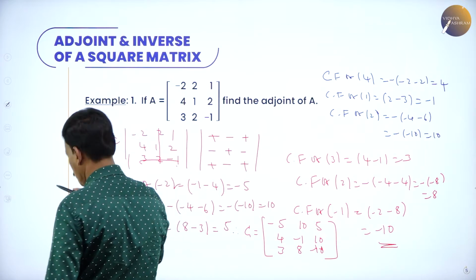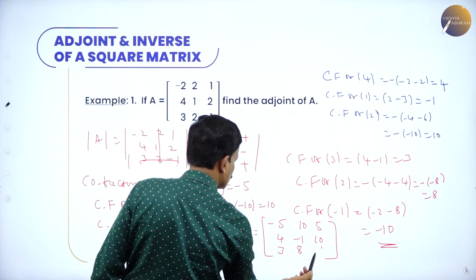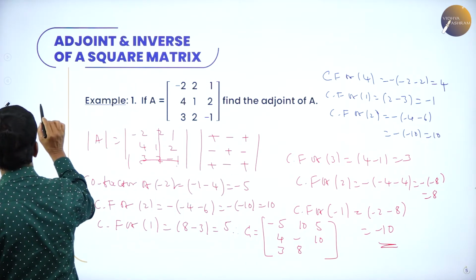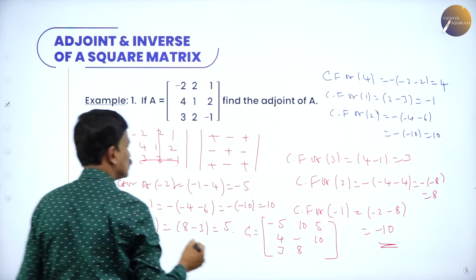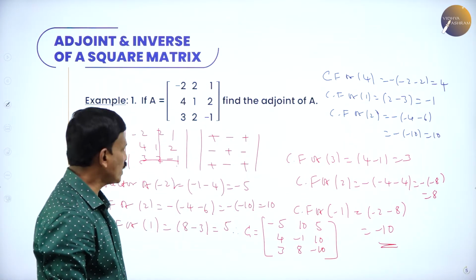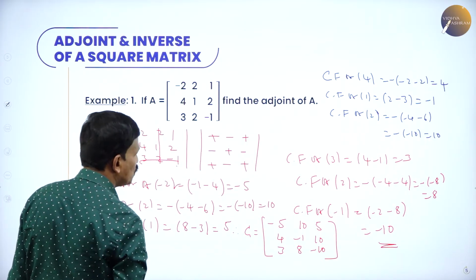Right. So let us transpose this. So this is the cofactor matrix. Now transpose this. If you transpose, you will get the adjoint of the matrix.